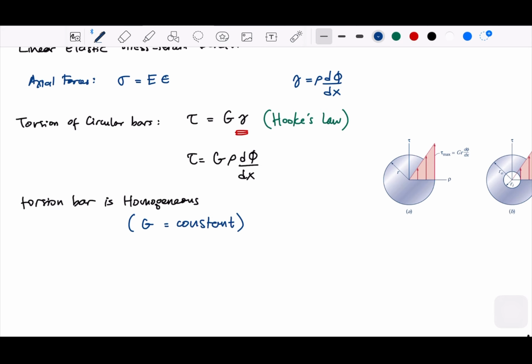So we can say the shear stress, tau, will vary linearly with distance, the radius.